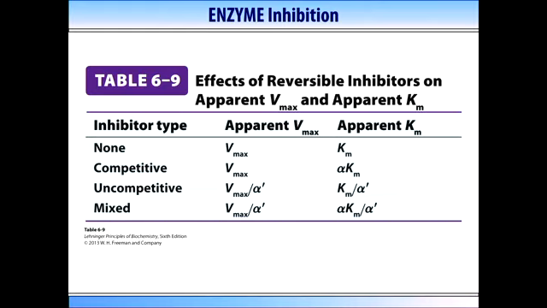When we have the uncompetitive inhibition, both Vmax and Km change, so they both decrease by the same number of folds. As a result, the lines look parallel. In the case of the mixed inhibition, Vmax and Km change, but differently. So if Vmax changes, let's say 5-fold, then the Km can change 3-fold.